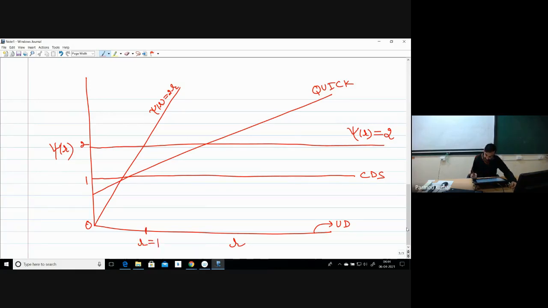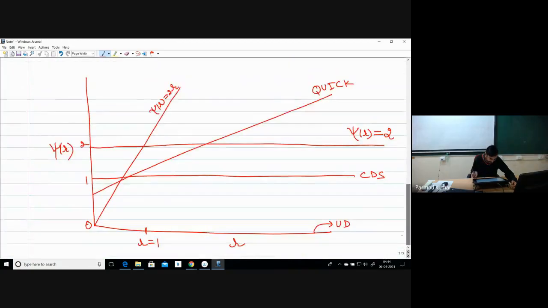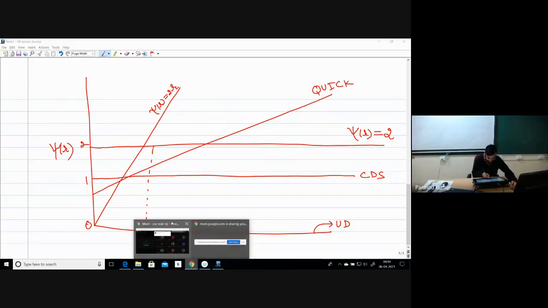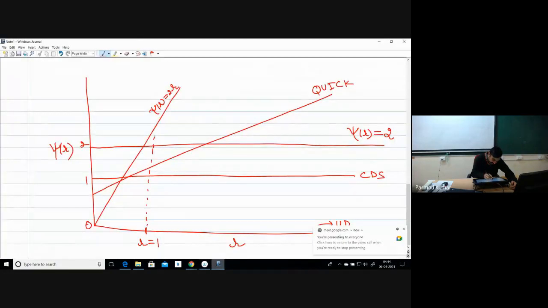The condition is that up to r equal to 1, psi(r) has to be less than or equal to 2r. So the stable regime up to this boundary is nothing but this one.